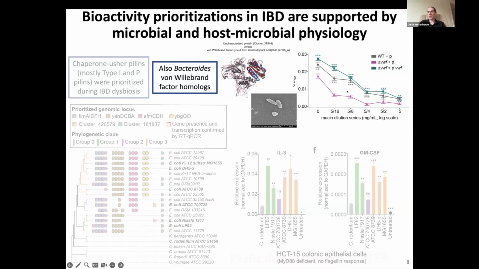And it turned out to be both. In a Bacteroides knockout strain, biofilm formation was disrupted in the knockout only in the presence of mucin. So we don't know any additional details yet, but this family of von Willebrand factor homologs is helping Bacteroides to aggregate specifically when adjacent to the mucus layer in the colon.